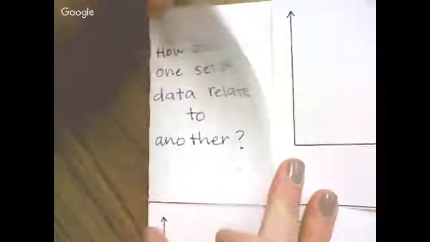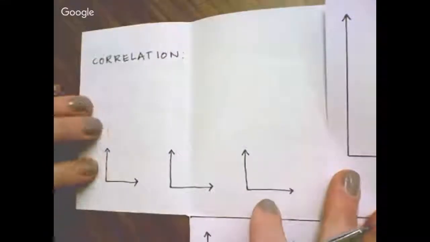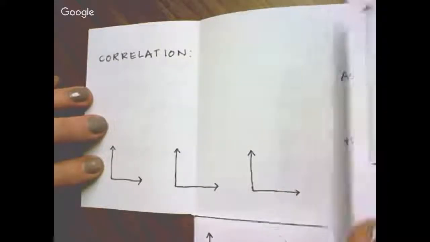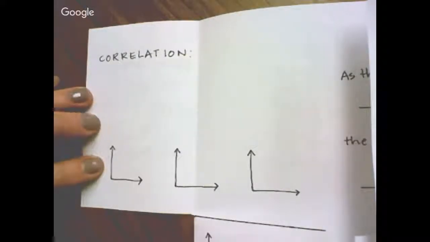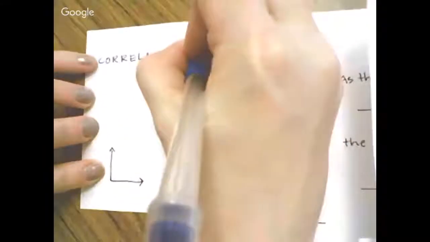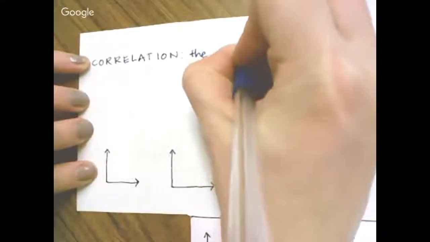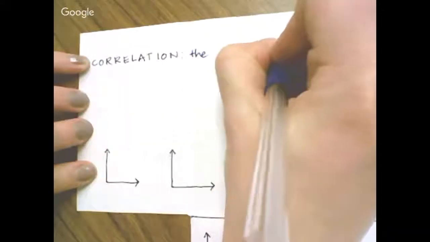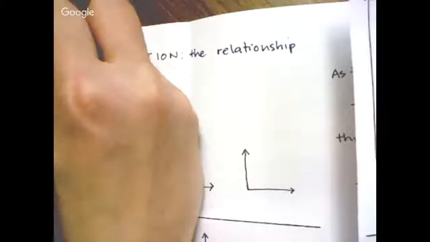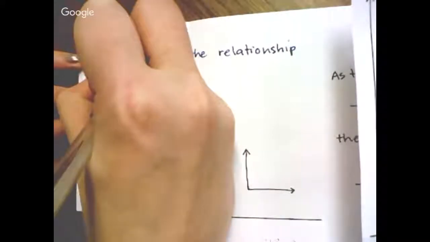When I'm looking at it, the word we're going for is correlation. So when I'm looking at a relation, this is the relationship between two sets of data.